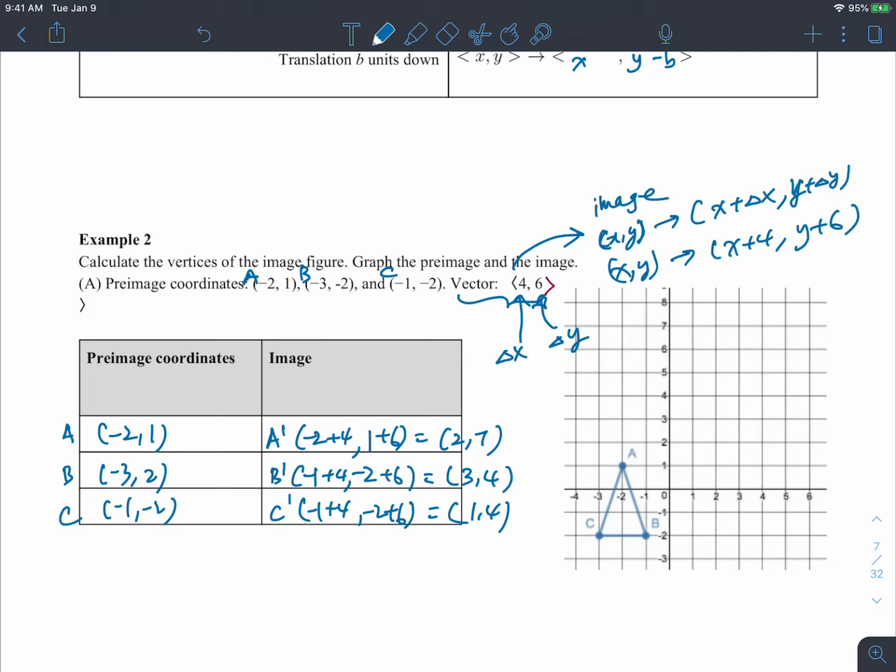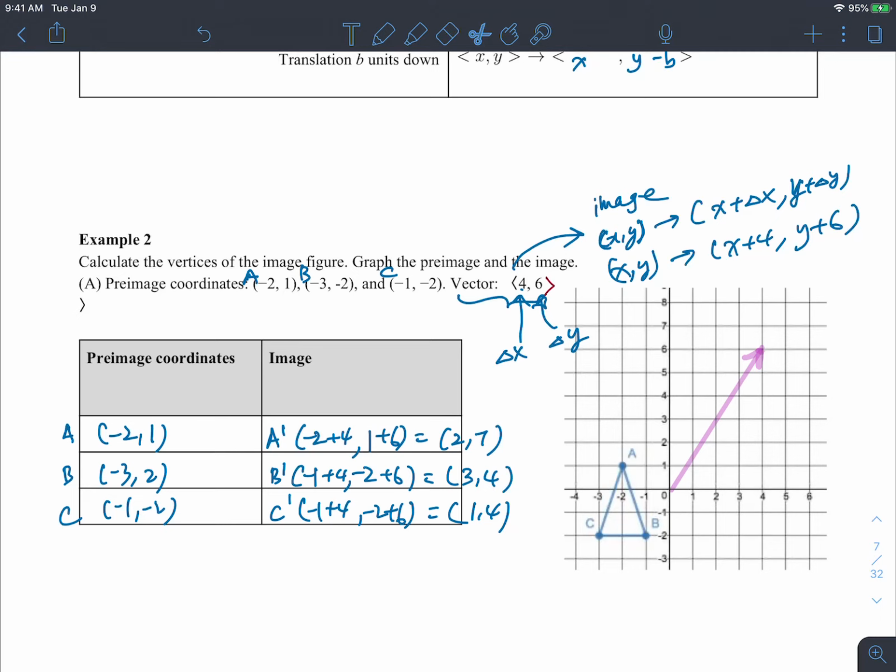So let's see what happened. This is a 4 and a 6, right here, guys. So for me to get 4 and 6, I would literally go 1, 2, 3, 4, then 1, 2, 3, 4, 5, 6. So I will go from here to here like this, right? And that would be the vector.